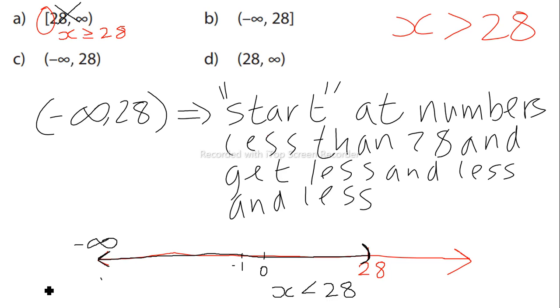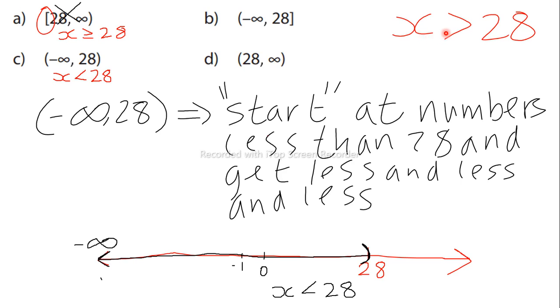And so let's put the associated inequality there. This interval is representing the inequality x is strictly less than 28. But if we look carefully, we want x greater than 28. We don't want less than 28, we want numbers greater than 28.